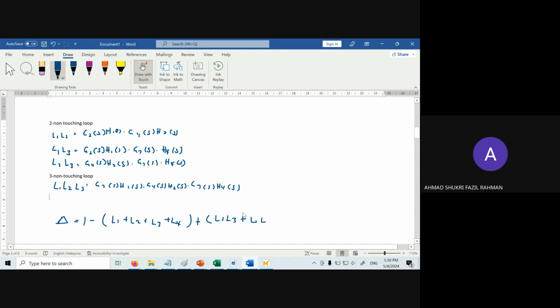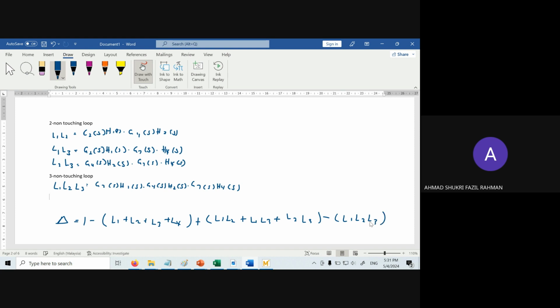L1 and L2, this one also should be L1 and L2, and then we have L1 and L3 plus L2 and also L3, L2 L3, and then the previous one plus, so for 3 non-touching loop should be minus, and then total sum L1 L2 L3.